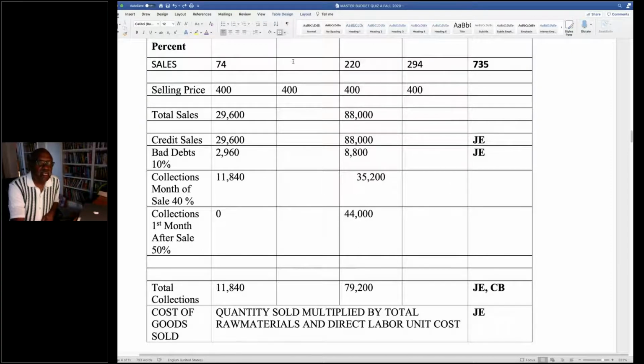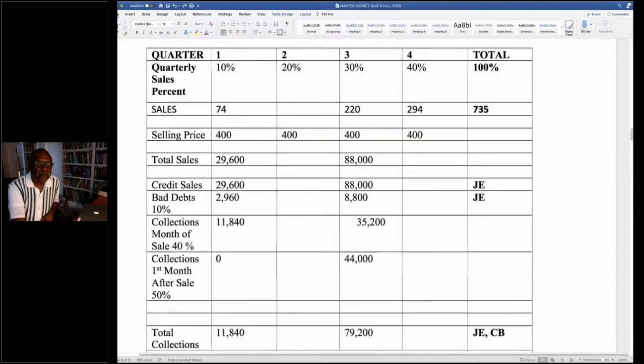So did we get these numbers on the sales budget redone? Well, what's this number? Angela?